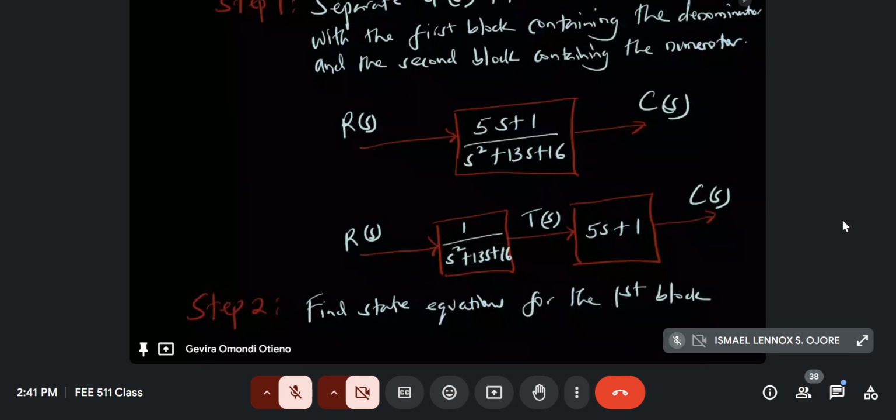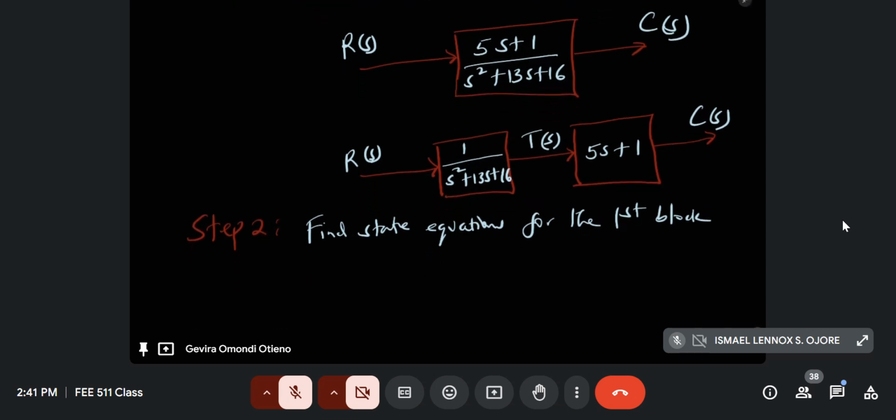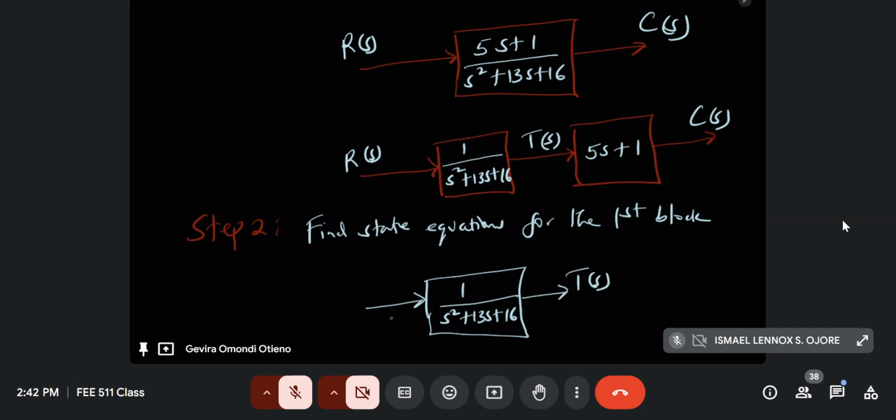So you must get the equations for the first block. Now, to do that, remember, it's just like saying I have given you a system where you have 1 over S squared plus 13S plus 16. And here you have T of S, and here you have R of S.